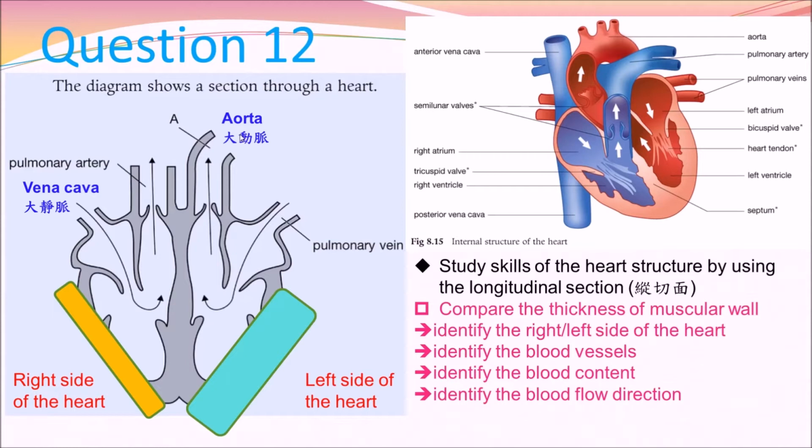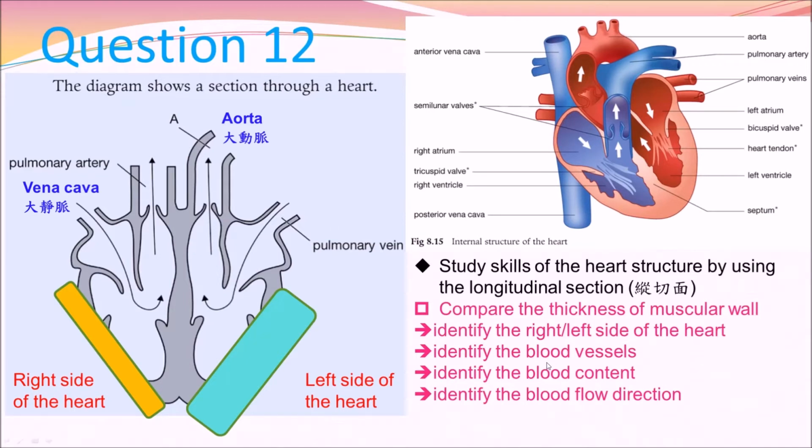This question gives you the names of two blood vessels and labels A for one unknown vessel. What if all four blood vessels are just named A, B, C, D, or X, Y, Z, W, and you are asked to name the blood vessels? That could also be a question.